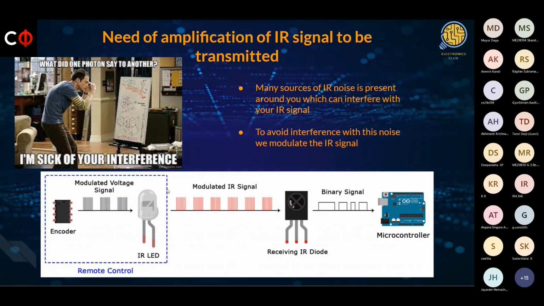This electrical signal is then emitted as a modulated IR signal by the IR LED. This is again received by an IR diode, which demodulates it back to a binary signal, and it is sent to the device again.